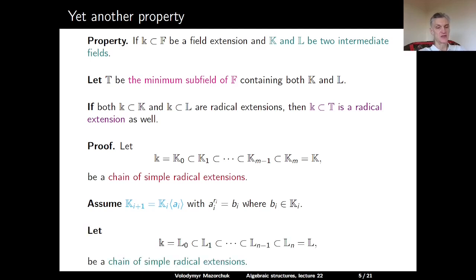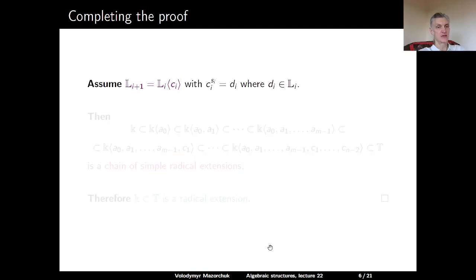Similarly, consider a chain of simple radical extensions which start from little k and go to capital L. So the intermediate subfields are Li's. And assume that Li+1 is obtained from Li by adjoining some ci, which, when raised to the power si, gives us di, where di is an element of Li.